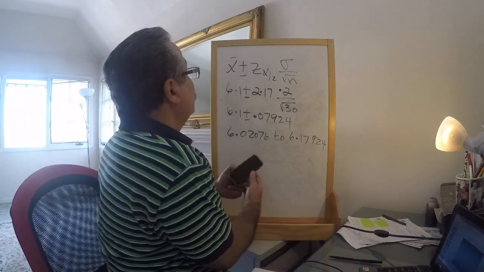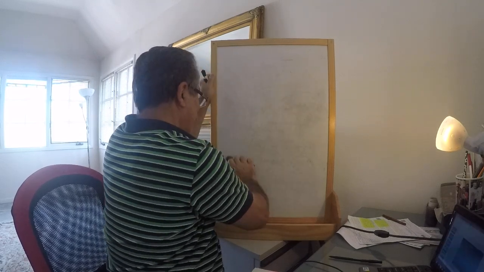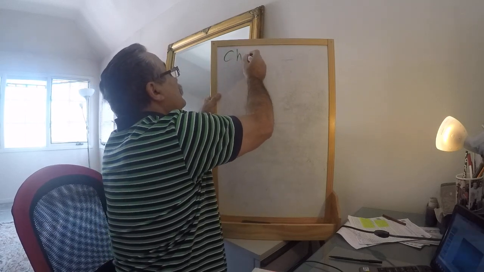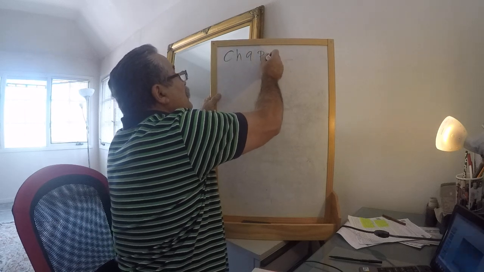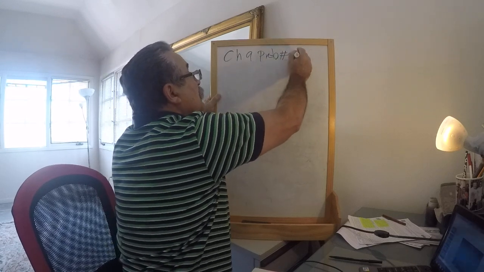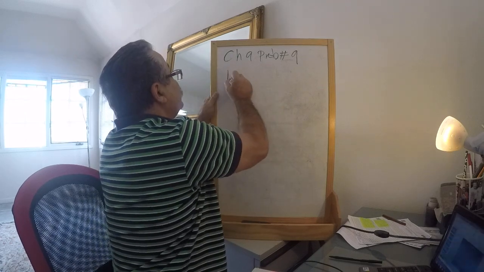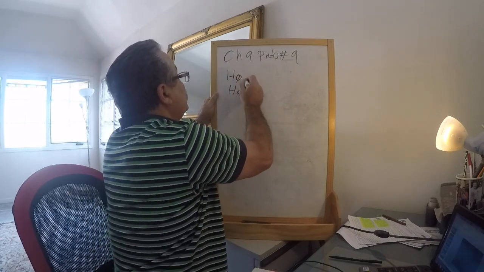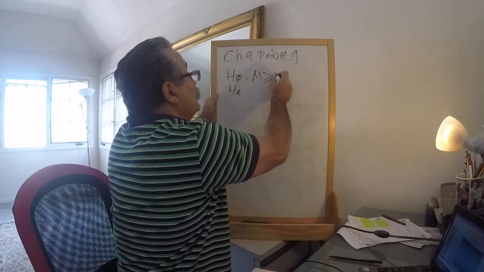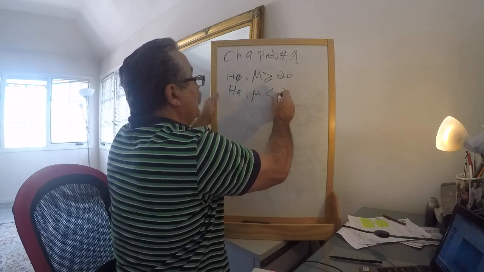Here is problem number 9, chapter 9. This is given: H0, mu greater than or equal to 20, Ha, mu less than 20.